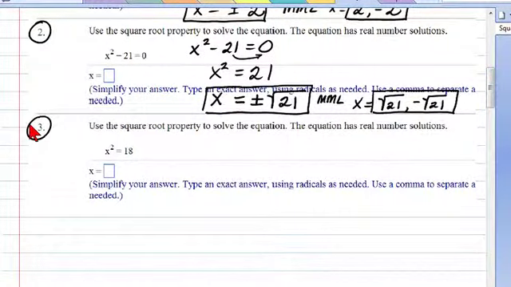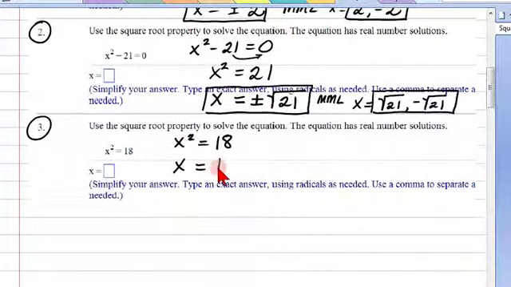Once again, you're asked to use the square root property, and we have x squared is equal to 18. First question. If you're supposed to use the square root property, is it in the right format? Yes. So I will take the square root of the left side and get x, take the plus or minus square roots of 18. And then always ask yourself, can I simplify that?